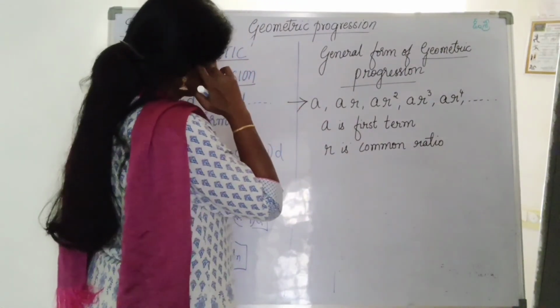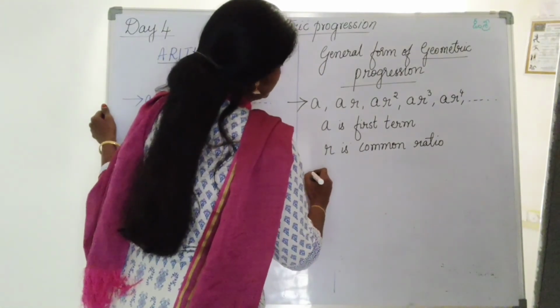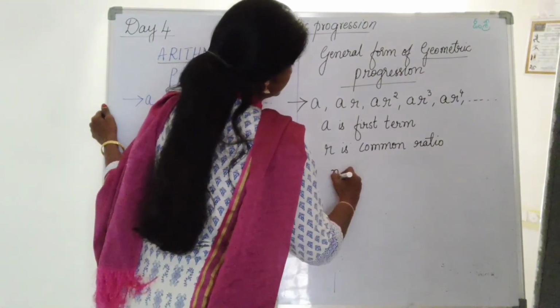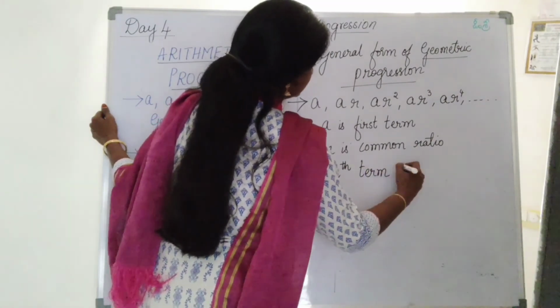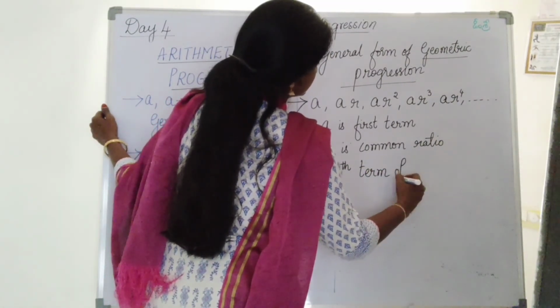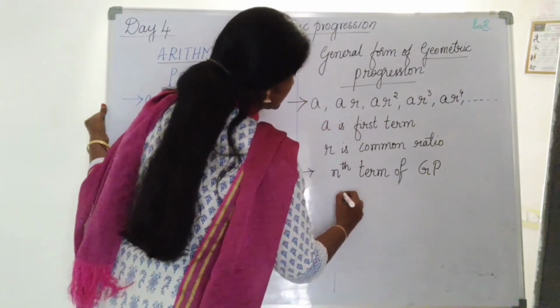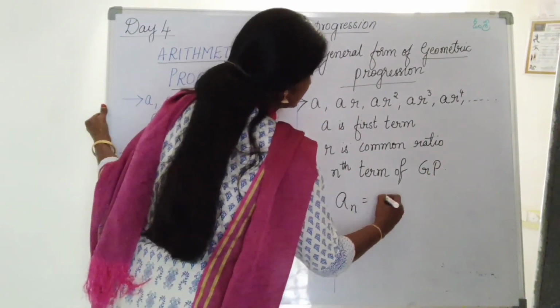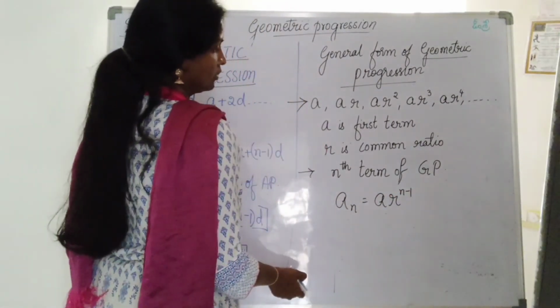We learned the nth term formula of GP, that is an is equal to a into r to the power of n minus 1.